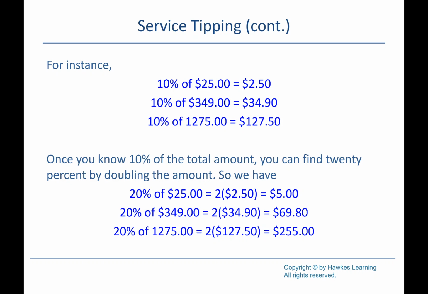What about if we wanted to leave a 15% tip? That one's a little bit trickier, but we can get close. We don't have to get exactly 15%. So if we wanted to know 15% of $25, well, if we start with 10%, 10% is $2.50. We need 5 more percent. So we can think about half of this.